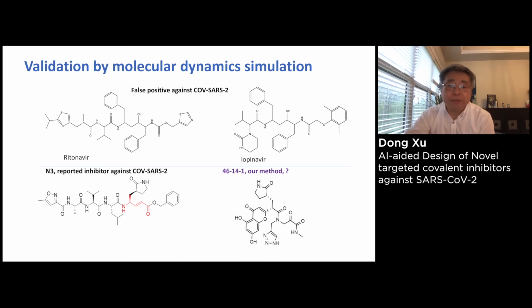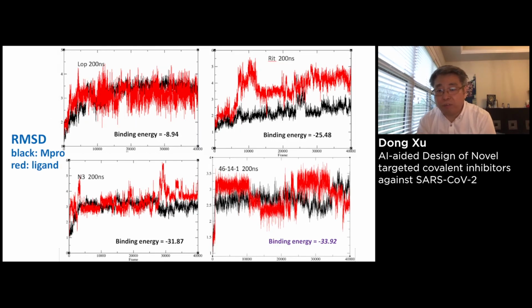So we run this molecular dynamic simulation to calculate free energy to see how stable the conformation is. We found that these 2 HIV candidates, their binding energy is not very strong. This N3 is a known drug, and indeed has a much stronger binding energy.